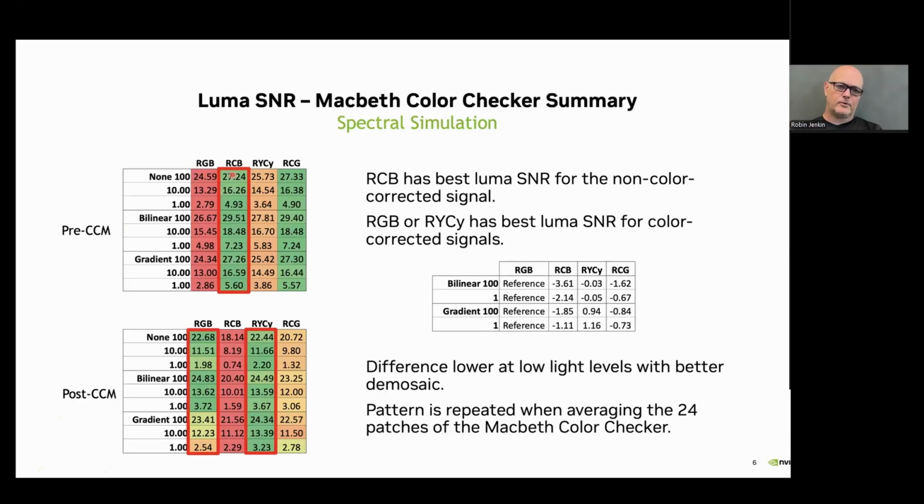For that, there's more luma SNR because you have more signal in your clear, and that's why these two win out. As soon as you apply that twist for the CCM and you start subtracting those signals to get real color out of it, then pretty much everything reverses. So the RGB and RYCY start to become the best, and then the RCB actually becomes the worst, post-CCM luma SNR.